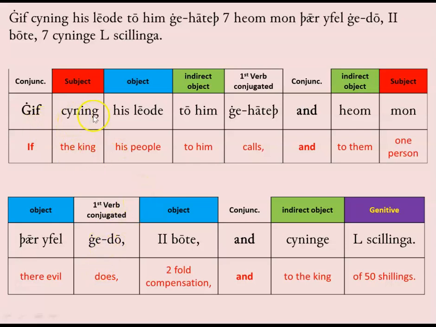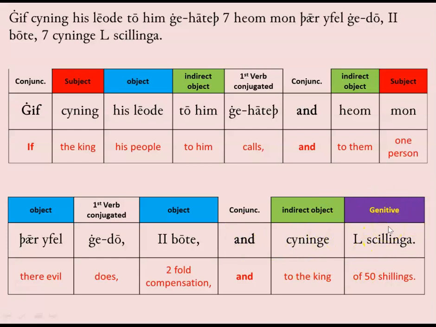So Yif Kuning his leode to him je hateth, and her mon thar uvel je do toa bota, and Kuninga 50 shillinga. Okay, now here there's a comma, and there's this toa bota in here, another comma, and then here we have a coordinating conjunction. Here's another subordinate clause in here.